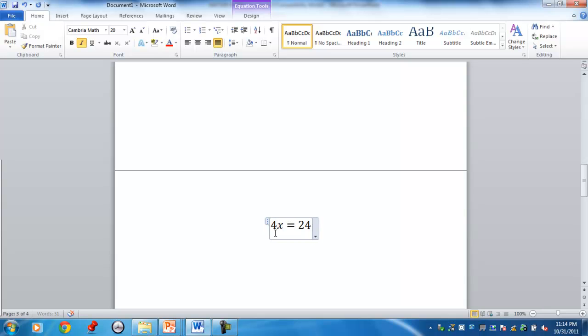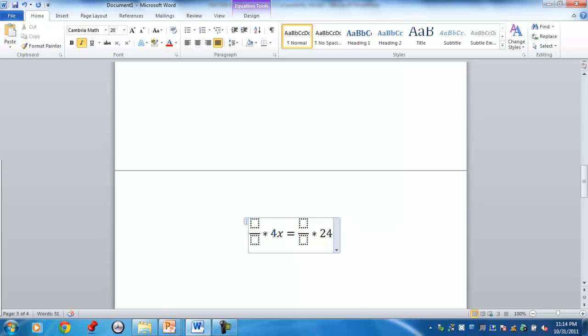Now, in most math textbooks, what they'll emphasize is the multiplication property, meaning that we're going to multiply both sides by the reciprocal of the coefficient.